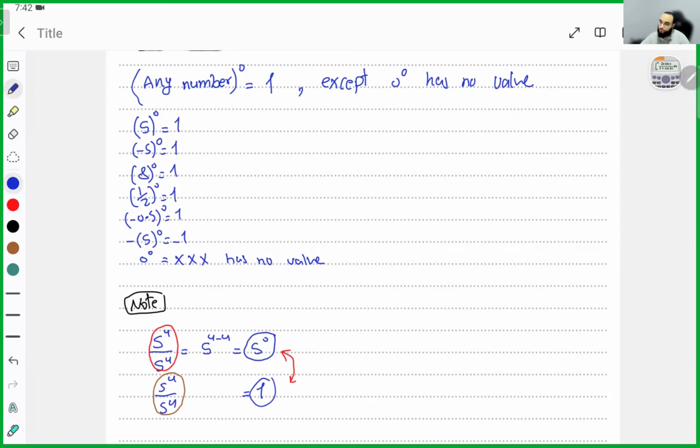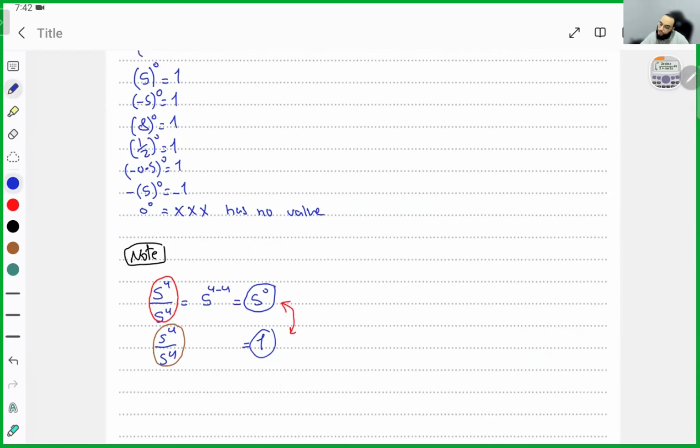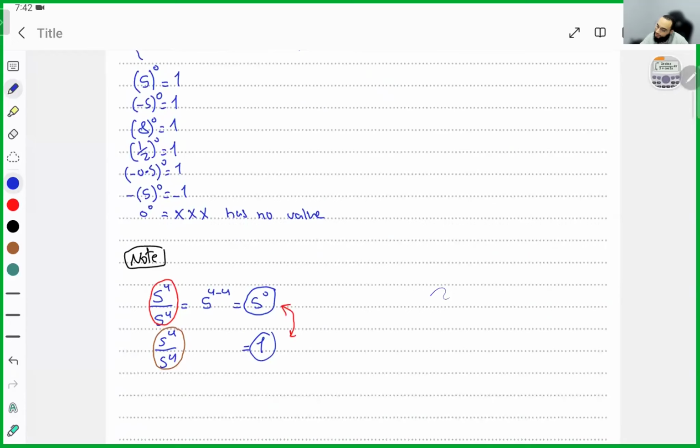It's the same. If it is something like 0 power of 8 over 0 power of 8, subtracting gives 0 power of 0. Actually, it has no value. Why? Because 0 power of 8 over 0 power of 8 means 0 over 0.